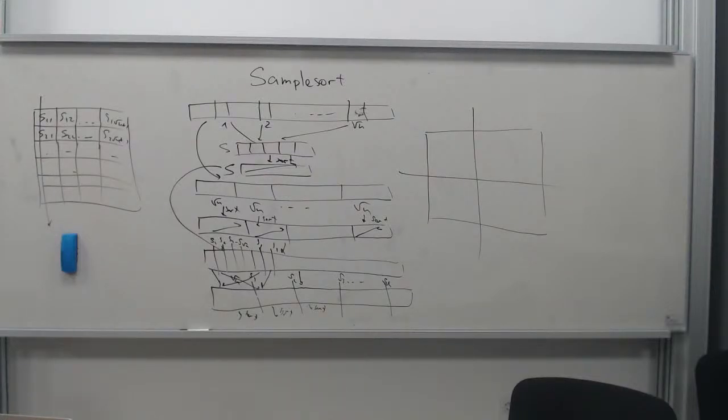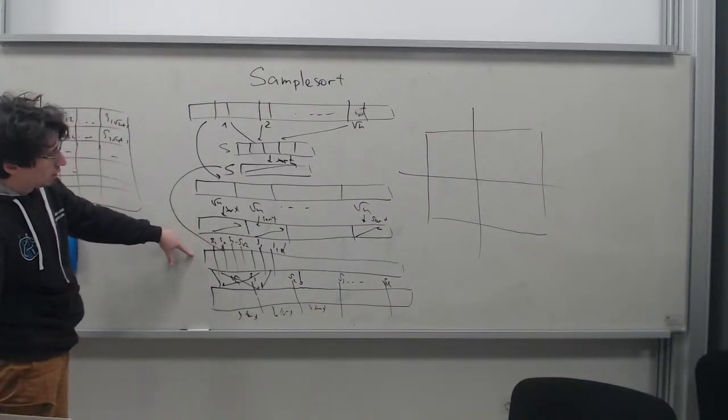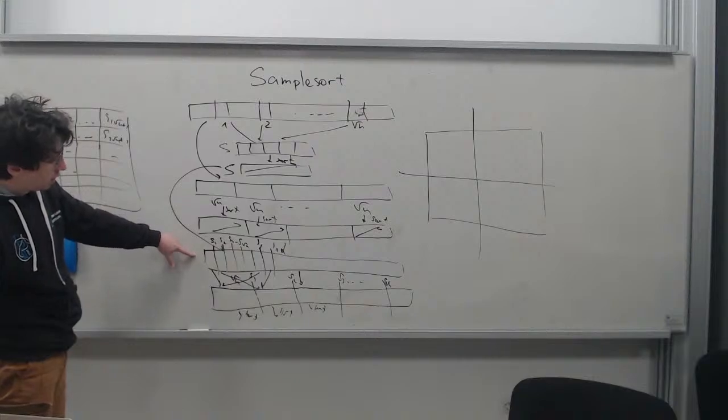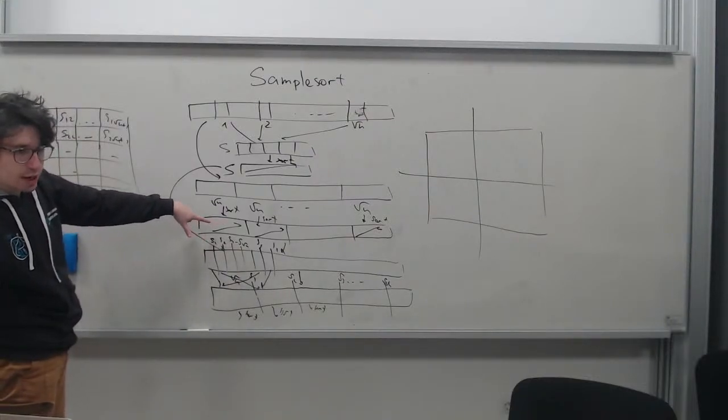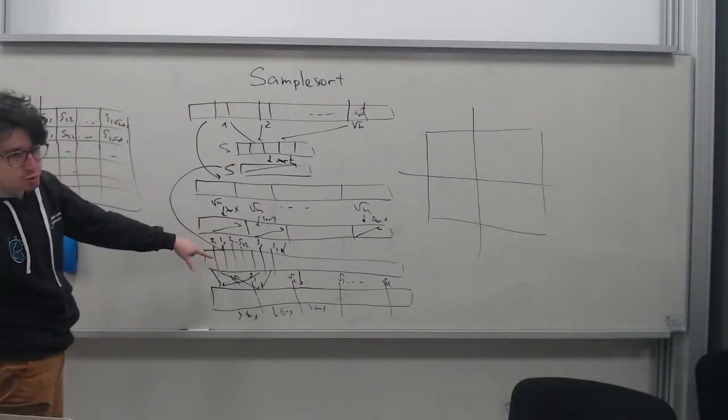Questions about sample sorting? One question. When we have plotted these chunks of square root, what do we do again with the samples? We find their positions or what? In which part? Here? Here. Yeah. We just go sequentially, so here we do the merge procedure.